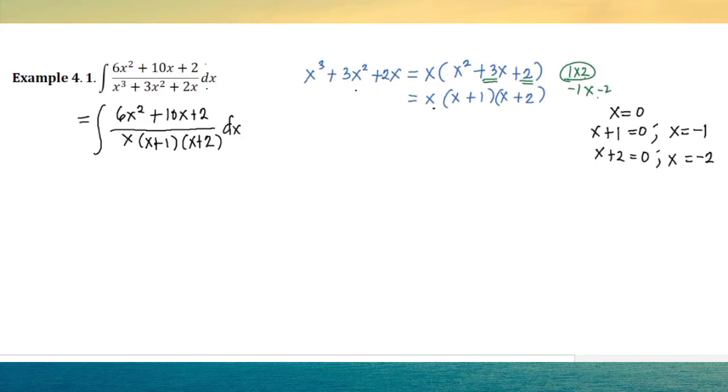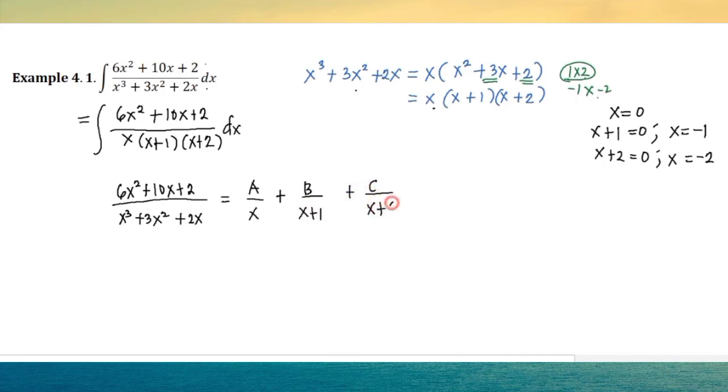Ang ginagawa natin ay tinatanggal muna natin yung integral sign. So we can say that (6x squared plus 10x plus 2) over (x cubed plus 3x squared plus 2x) is equal to A over yung first factor natin, B over yung second factor natin, plus C over yung third factor natin.